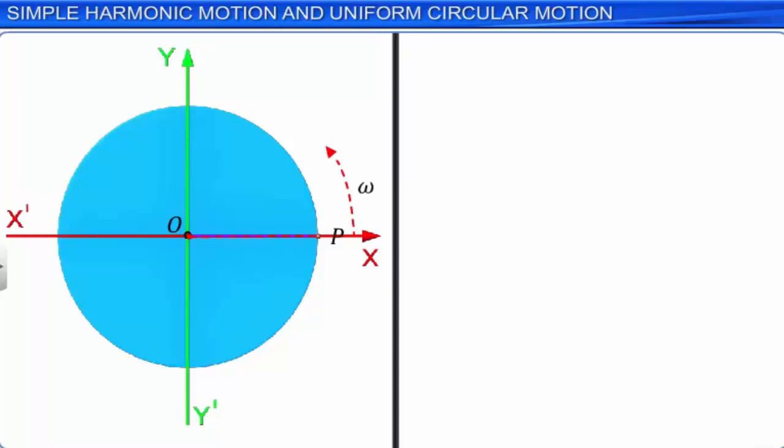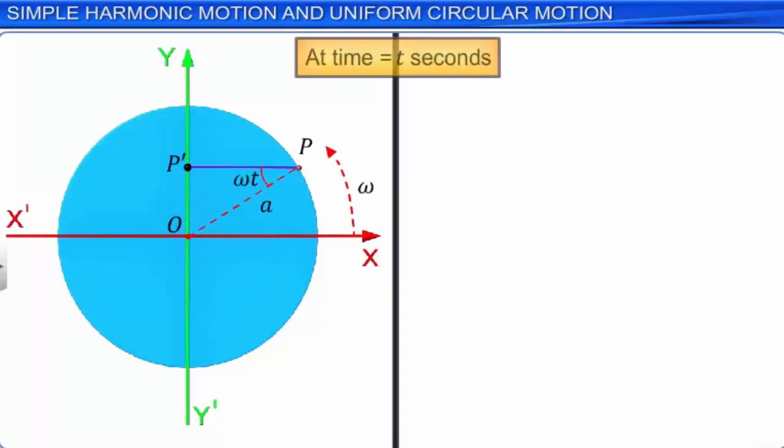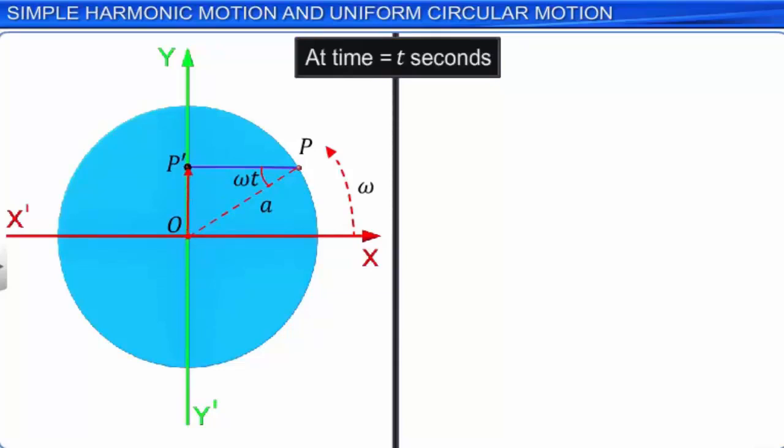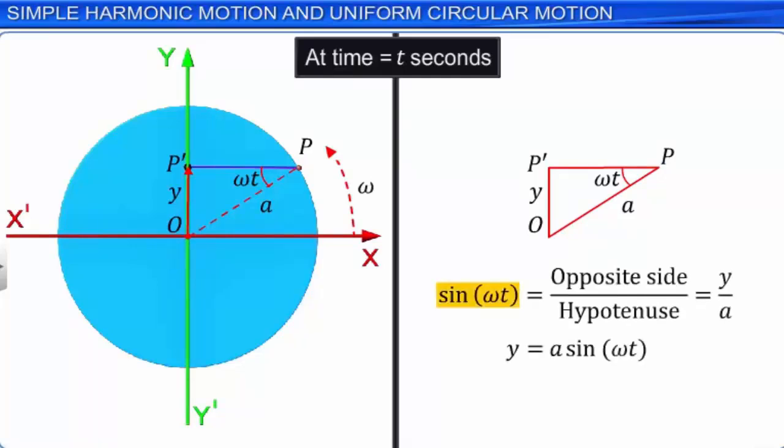The displacement of the projection of the particle y is then obtained using trigonometric ratios of the right-angled triangle thus formed. Sine of the angle omega t is the ratio of opposite sides, which is the displacement of the projection of particle P dash, that is, OP dash, represented as y, to the position vector of the particle OP, whose magnitude is equivalent to the radius A of the reference circle.